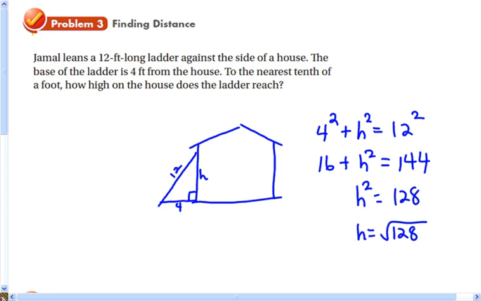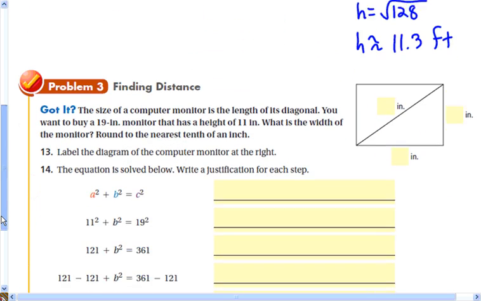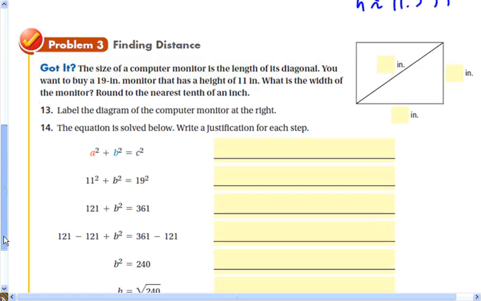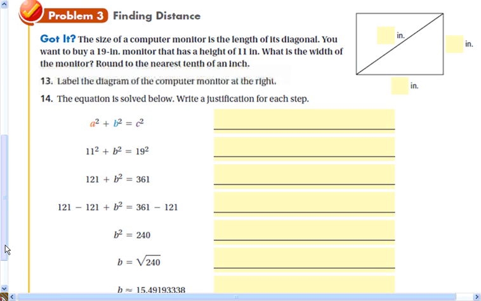So I'm just going to grab a calculator and do the square root of 128. And that equals 11.313. So for the nearest tenth of a foot, h is approximately 11.3 feet. All right. You can go ahead and try this problem, and I'll give you the answers.